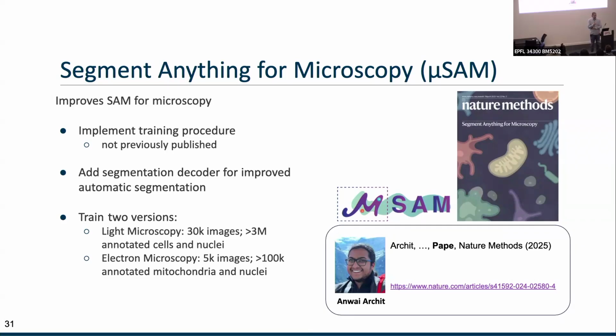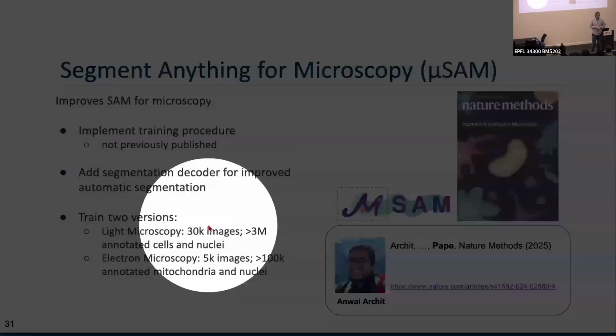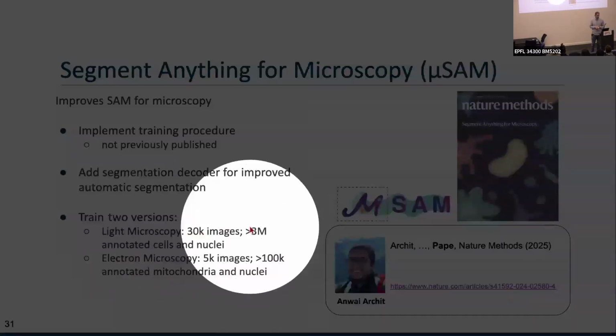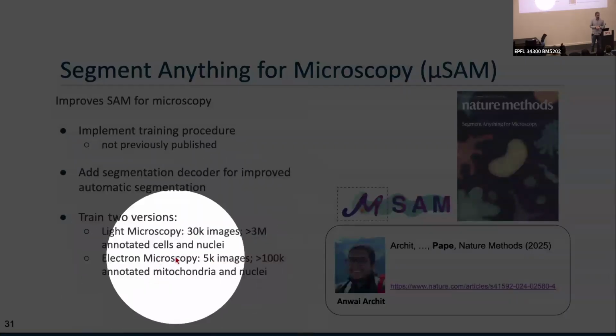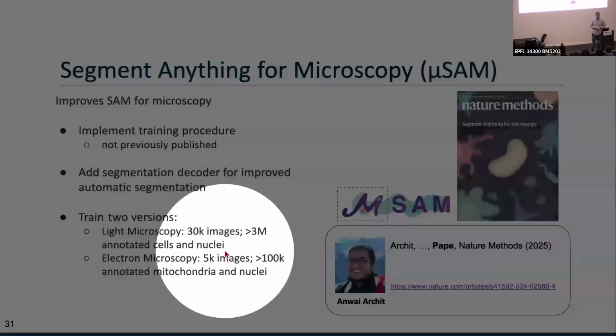And then the main part is we had to actually build a data set that's big enough to cover the diversity of microscopy. For this, we basically went through the literature, through a lot of public databases, and managed to find 30,000 light microscopy images with over 3 million annotated cells and nuclei in there, and something similar for EM with annotated mitochondria and nuclei.